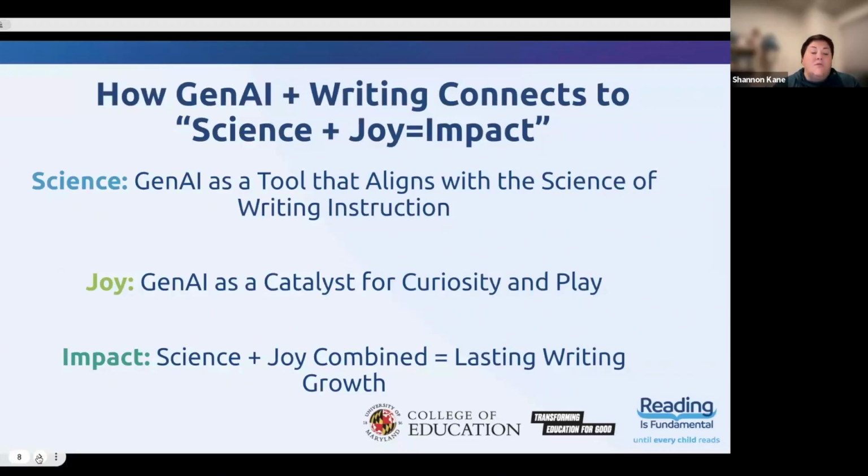So using a tool like Gen AI allows our students to see their writing and their ideas be transformed, which gives them confidence, right? And they can find joy. A task that was really hard, something they may not have understood, all of a sudden, by using this tool, they have greater understanding. They feel successful. They want to continue with it, right?